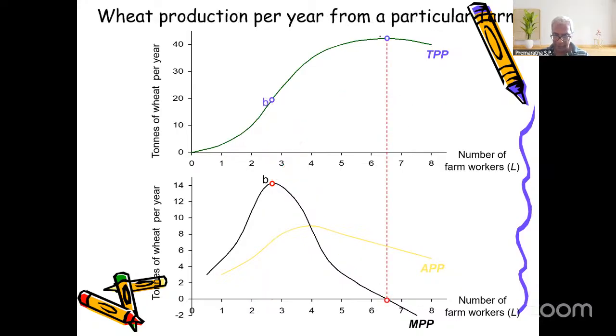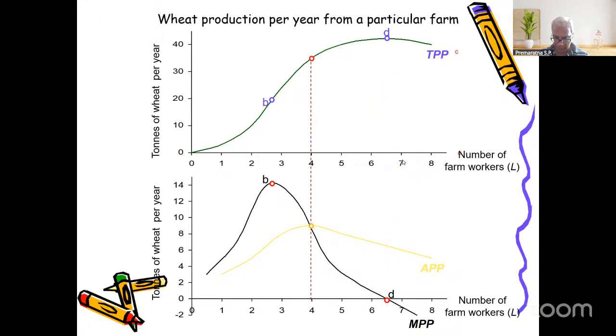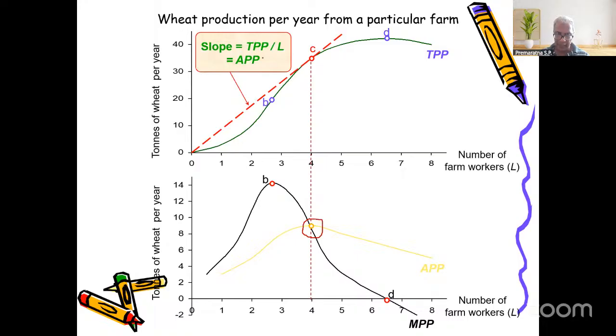And here, at the top, you reach the maximum point, point E. At point C, the marginal product and average product are equal, because you can see the slope of the curve as well as the average value is here. So that's reached there.